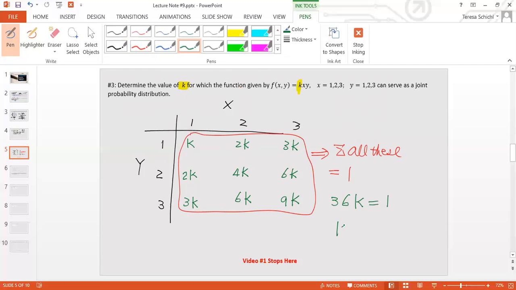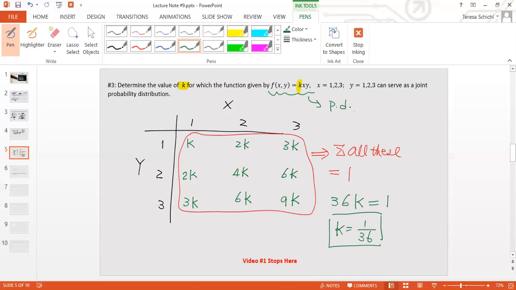Equal to 1. So k is 1/36. So when k equals 1/36, this function f of x, y is a probability distribution, just like we did for the single random variable, right?